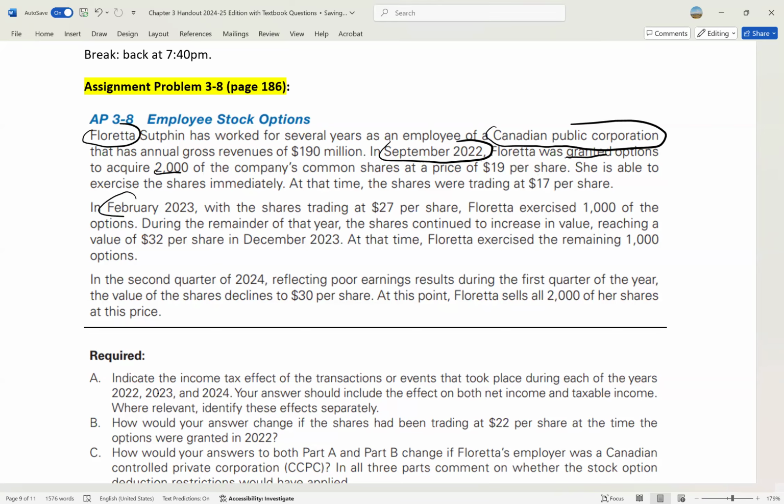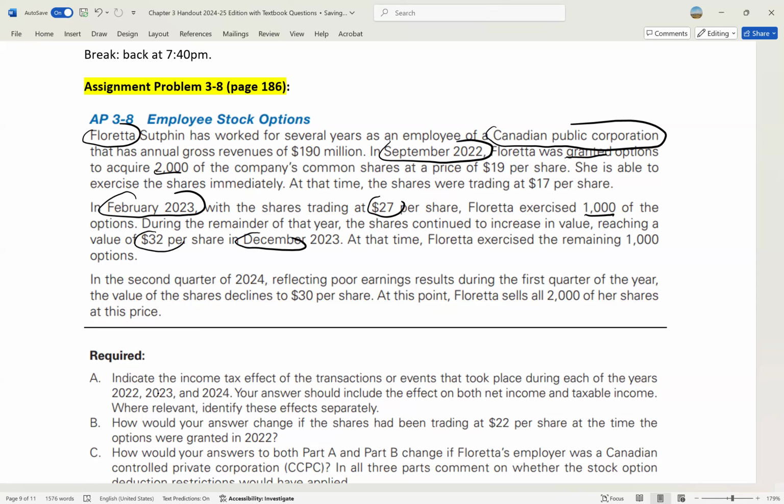In February 2023, the next year, when the shares were traded at $27, she bought 1,000 of the shares. So even though the option was for 2,000, often you don't have to buy all the shares all at once. And then the remaining shares she bought in December when the value was $32.